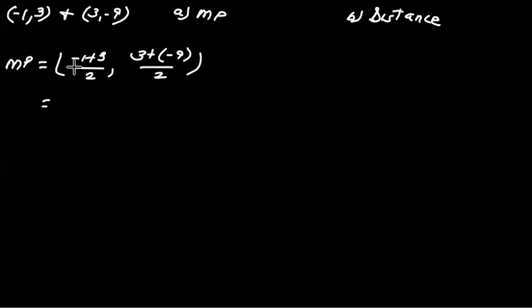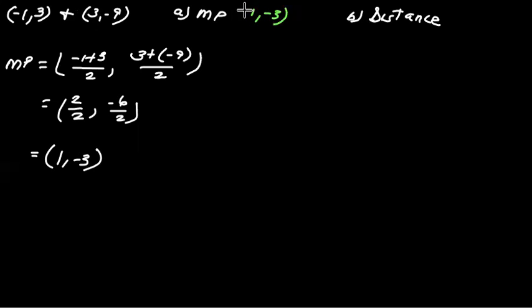So what we have here is -1 plus 3 is 2. This is 2 over 2, comma. 3 plus a -9 is -6 divided by 2. Hence, this becomes 1 and -3. That is the midpoint of this line. 1 and -3. All right, let's just write that in right here. 1 and -3. All right, that's our answer.